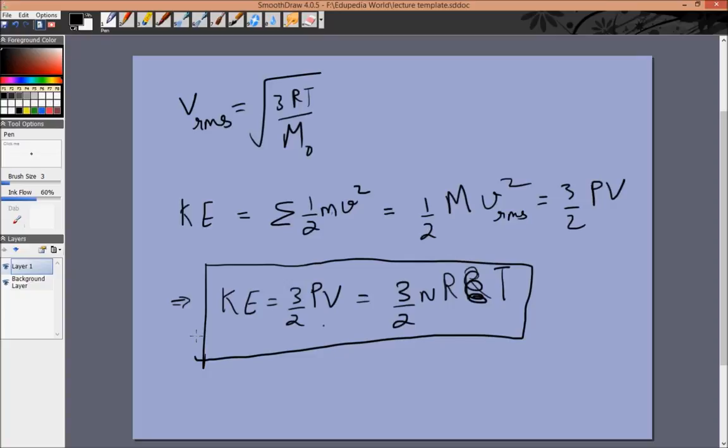If you double the temperature in Kelvin, then the total kinetic energy of the gas has to be doubled. This is the first major success, and K is also denoted as U sometimes, the total internal energy of the gas. That means the total internal kinetic energy, because we've ignored the total internal potential energy. If you remember, we said that all the interactions between molecules will be neglected.